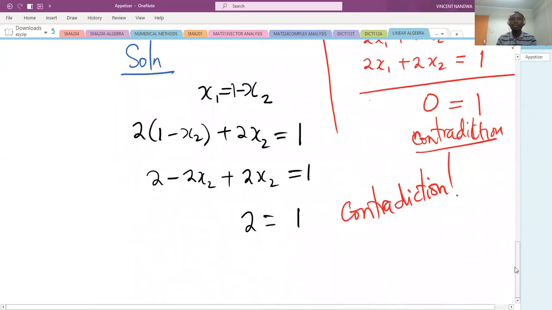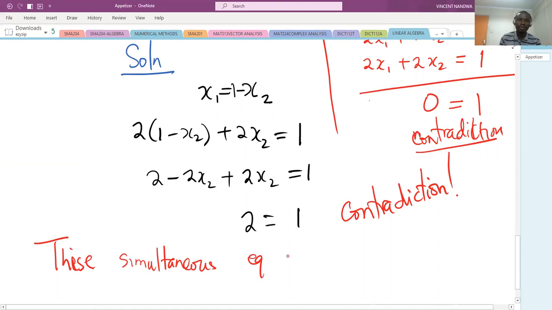Because of all this, we say these simultaneous equations do not have a solution.